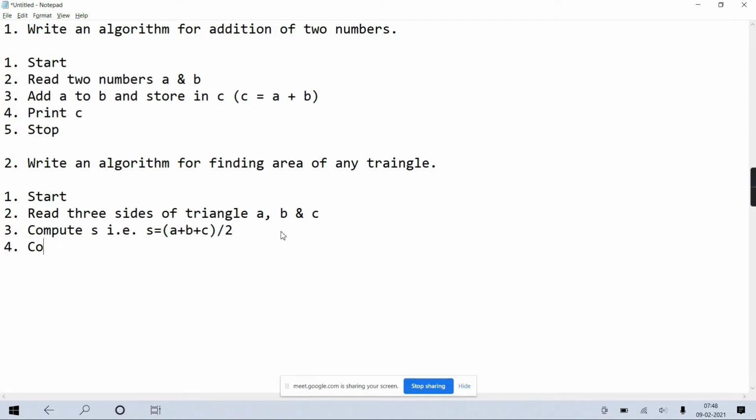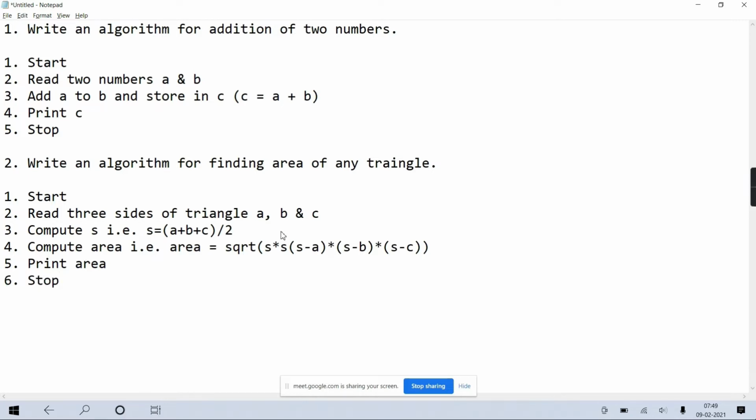Then I can write compute area, that is area is equal to square root of S into S minus A into S minus B into S minus C. Fifth, print area and then 6th step stop.